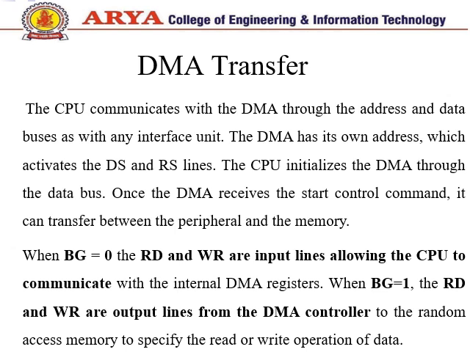When BG is equal to 0, the RD and WR input lines allow the CPU to communicate with the internal DMA registers. When BG is equal to 1, the RD and WR are output lines from the DMA controller to the random access memory to specify the read or write operation of data.